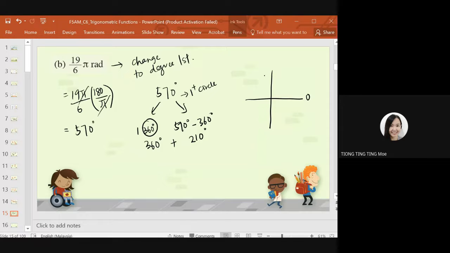0, positive 0, 90, 180, 270, 360. So dia akan di 210, 180, 210 mana? 180, 210. Like this 210 quadrant 3. Dia akan di quadrant 3 lah. So your answer is it will be a quadrant 3 lah.